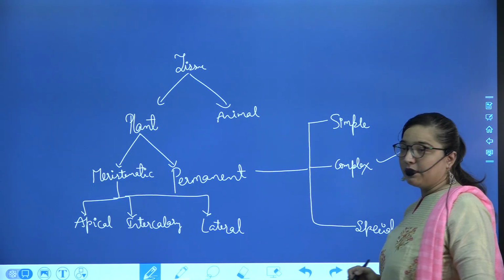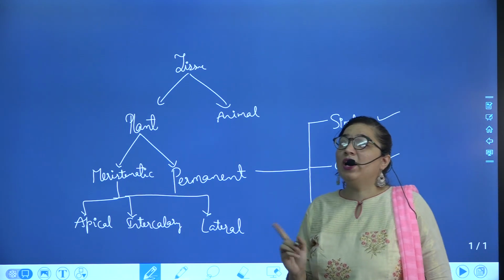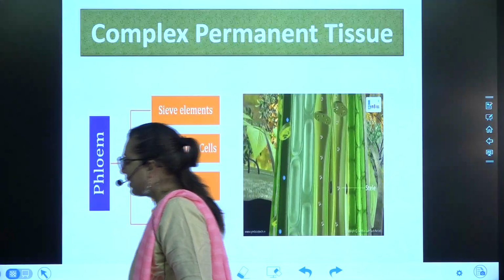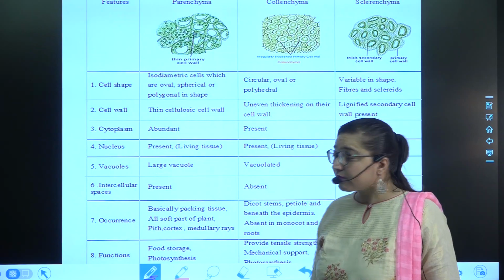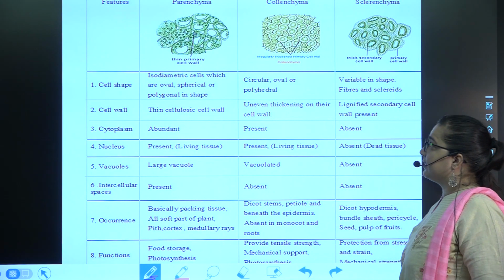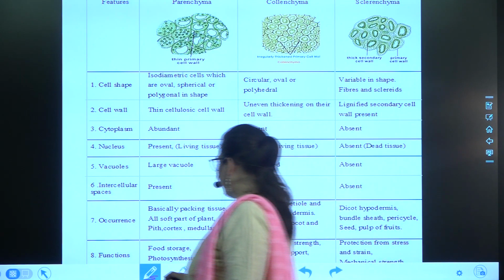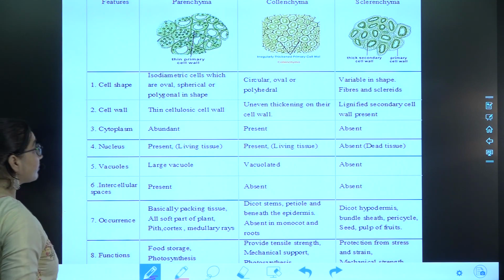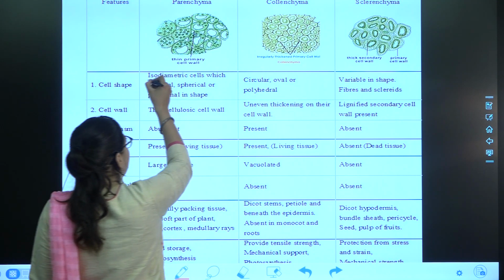Now coming to simple. We have already discussed simple, but still we'll have a look at it. So let's see simple once again. The reason we are revising so much is because it's biology. So here it is, the 3 types of simple permanent tissue, which are parenchyma, collenchyma and sclerenchyma. Coming to cell shape, they are isodiametric.